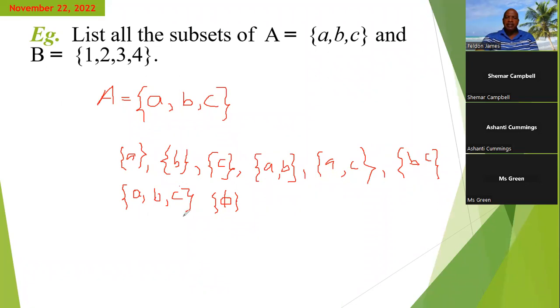We refer to the set itself and the empty set as improper subsets, because based on the definition of a subset, and if you were paying attention just now, you would probably recall what the definition of a subset says. Anybody can tell me what the definition of a subset says?